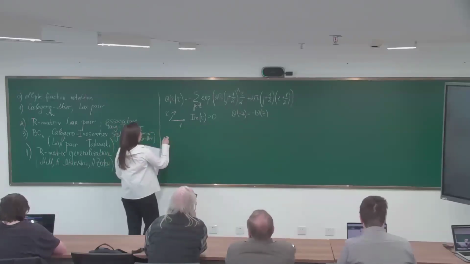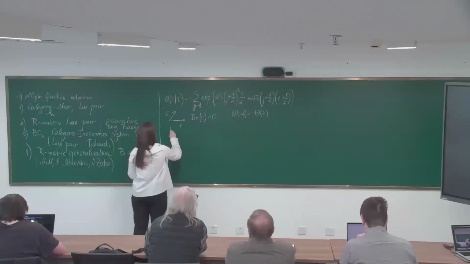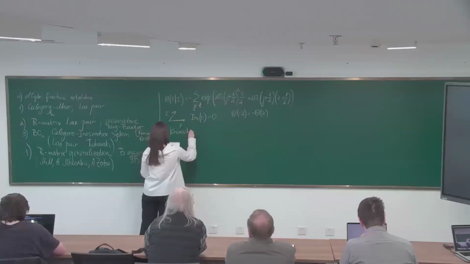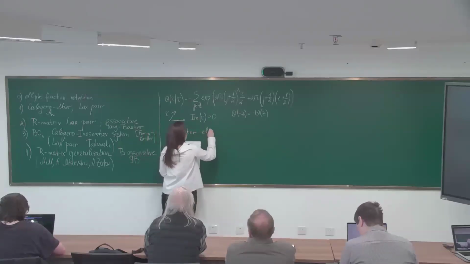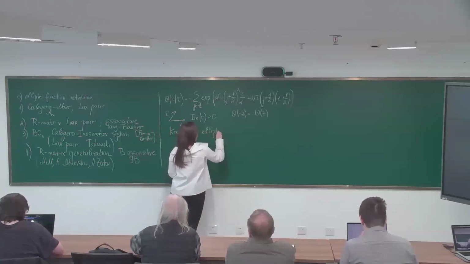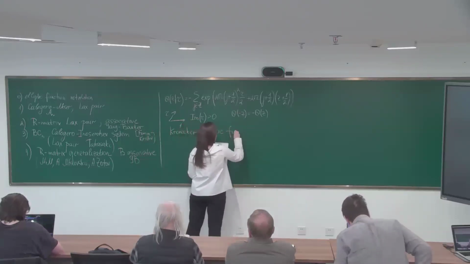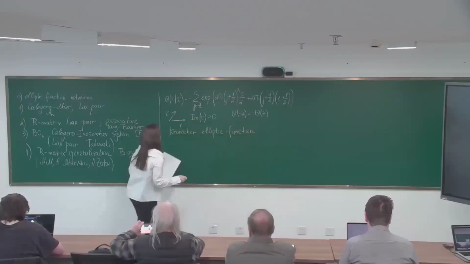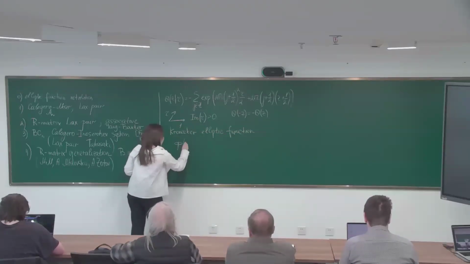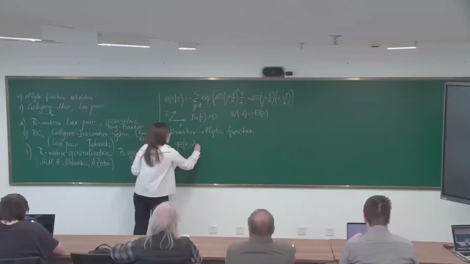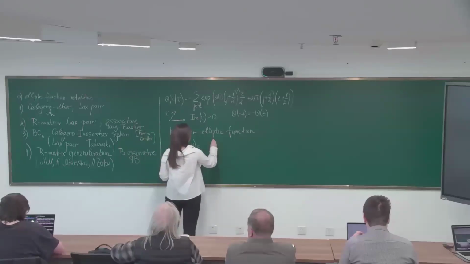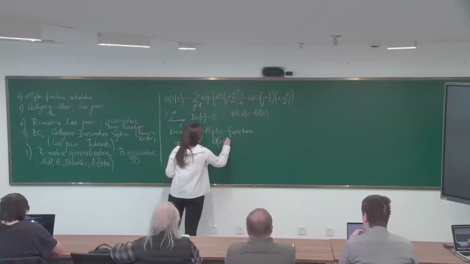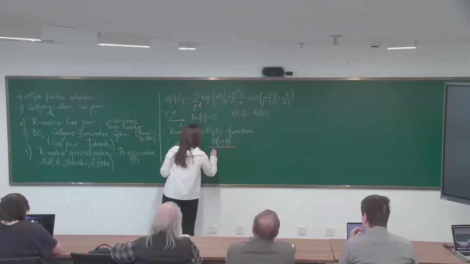And we will use the Kronecker elliptic function, and it can be defined as follows. So here we have theta of sum of z and u.